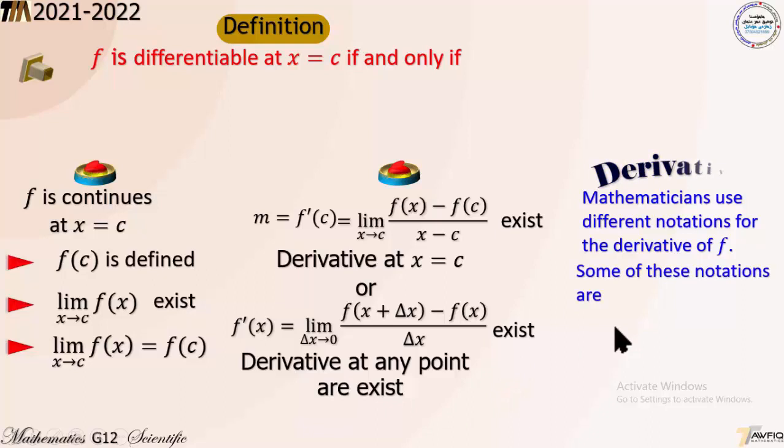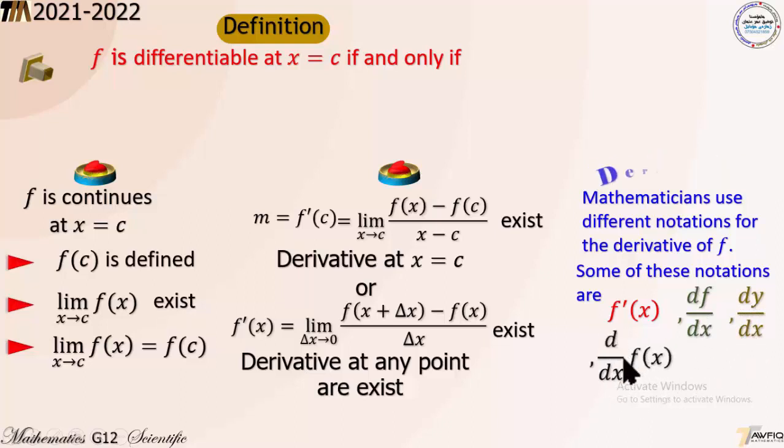Some of these notations are f prime of x, which denotes the first derivative of the function f, or df over dx, or dy over dx, or d f of x over dx, or d over dx of y, or y prime.